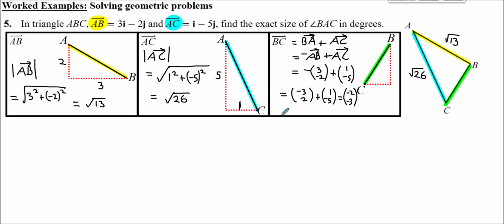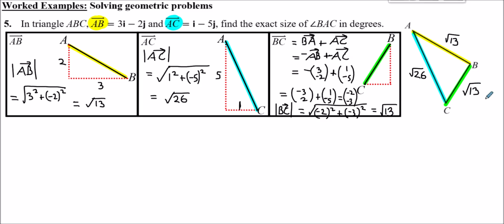So therefore, the magnitude of BC is going to be the square root of minus 2 squared plus minus 3 all squared. So minus 2 squared is going to be 4, minus 3 all squared is going to be 9, so 4 plus 9, this one again is going to be root 13. So that's root 13 as well.